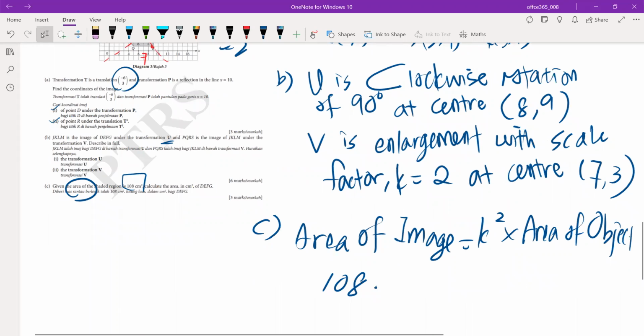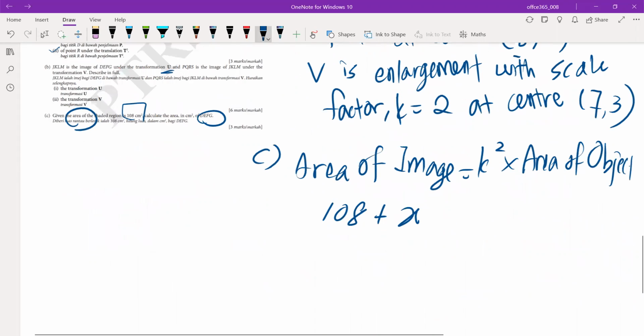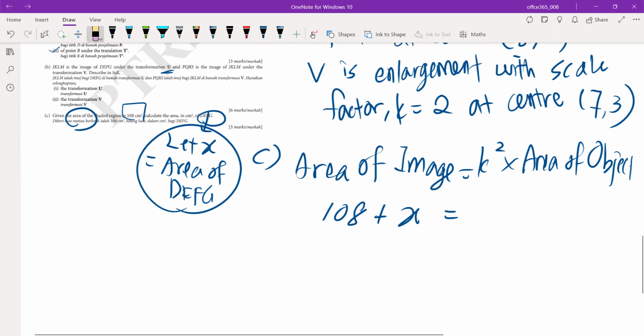So 108 plus the area of object, DEGF, which is the object. I let it be X, so that easier for me to describe.